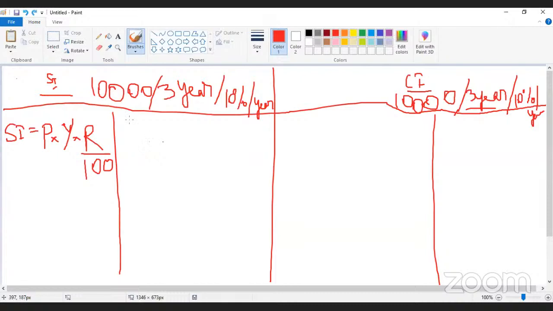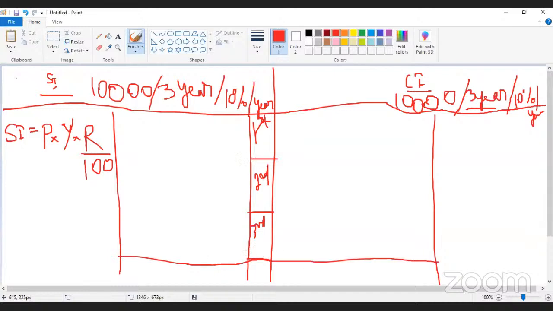Now let us do it without the formula. So 10,000 rupees in the first year. I'll have columns for the first year, second year, and third year, and the total at the end.